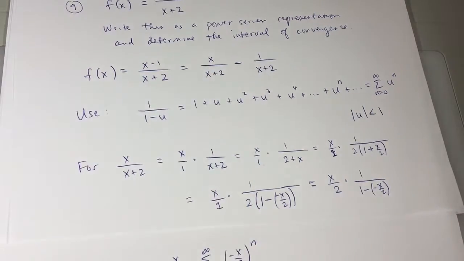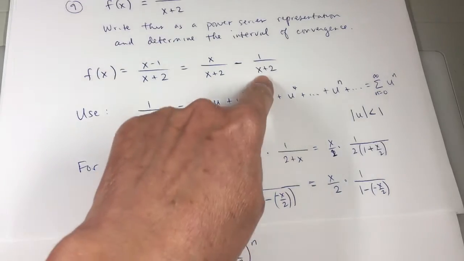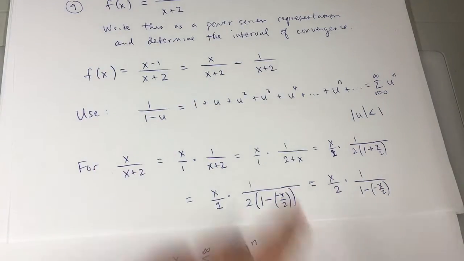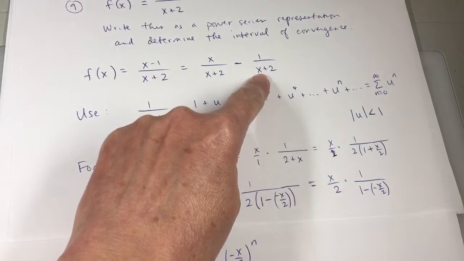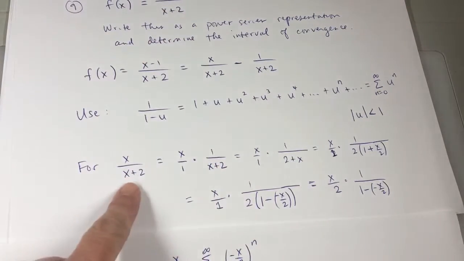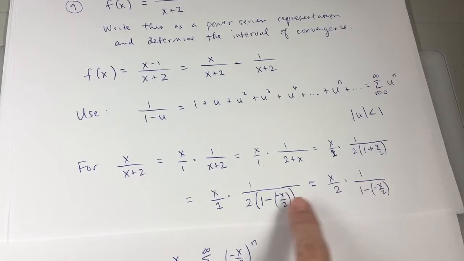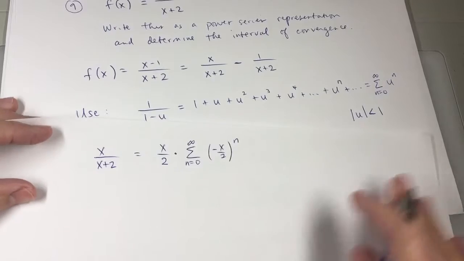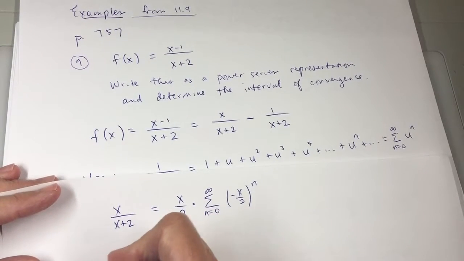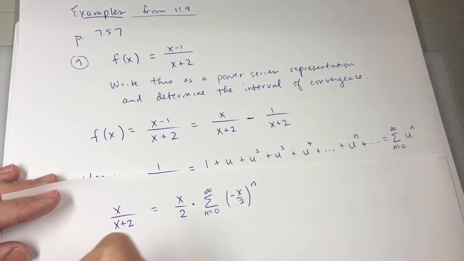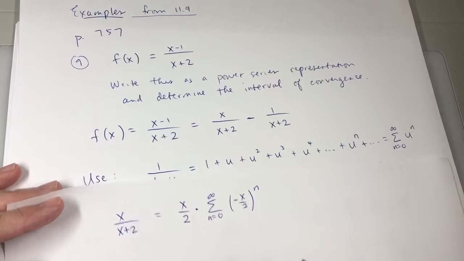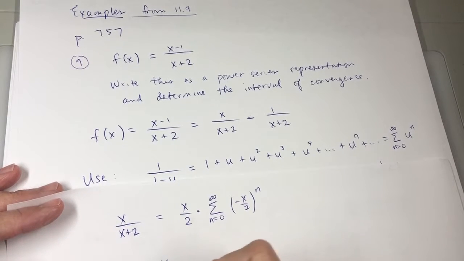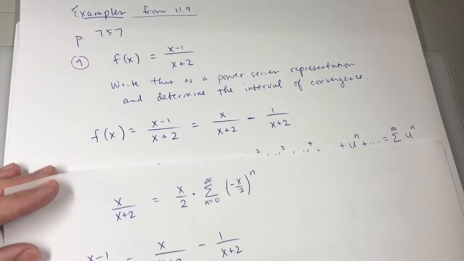In fact, that's also the answer for the second part, because that second part, minus 1 over x plus 2, is the same thing I just worked with right here. From here, it's the same steps. So this problem from the book, x minus 1 over x plus 2, there's the function. I'll write this step again: x over x plus 2 minus 1 over x plus 2.